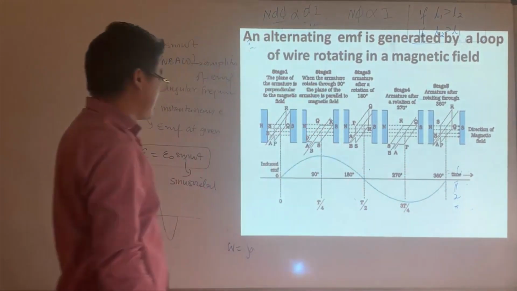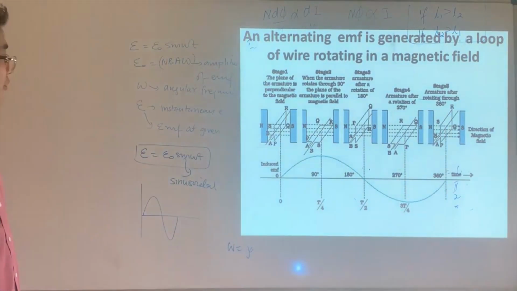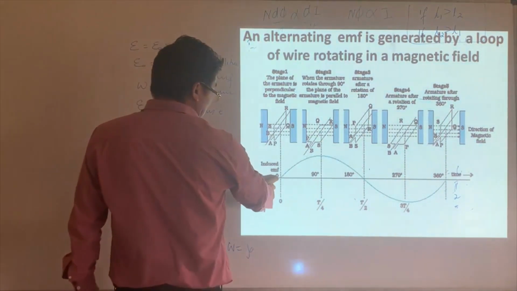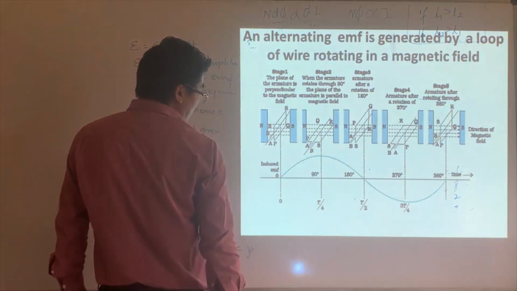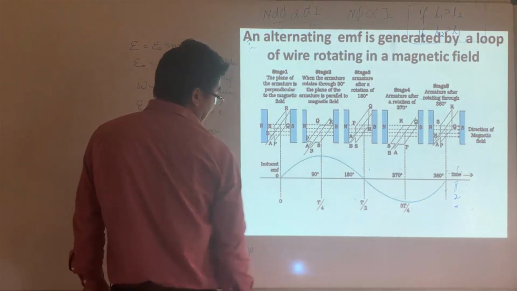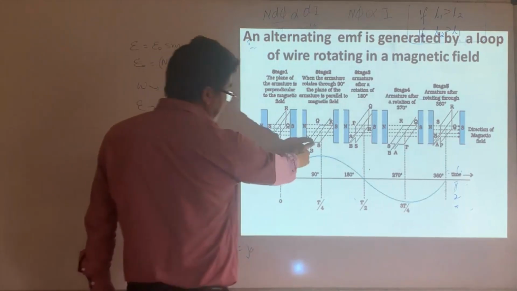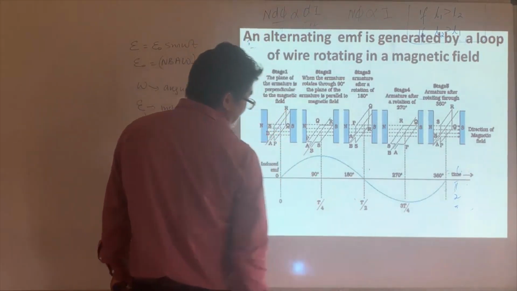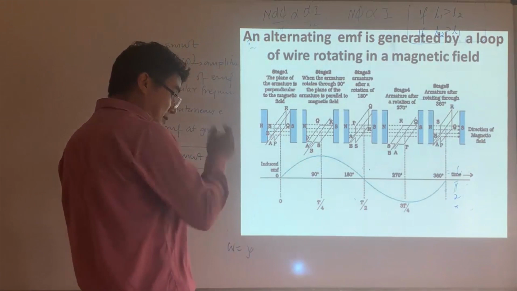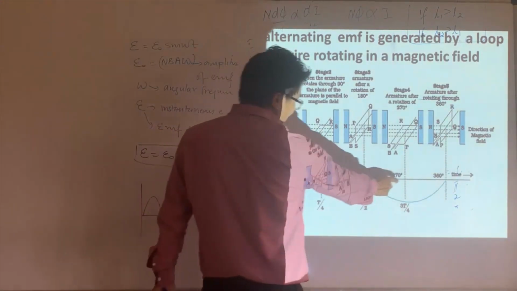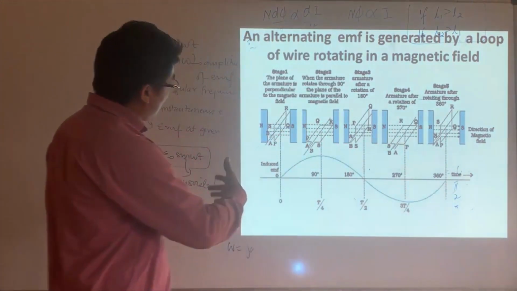EMF is 0 for theta equal to 0, EMF is maximum when theta is 90 degrees, EMF is 0 when theta is pi, and so on. This goes along with time.